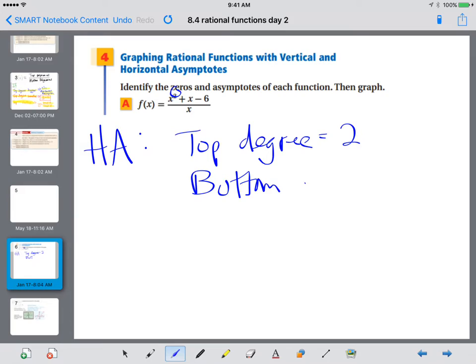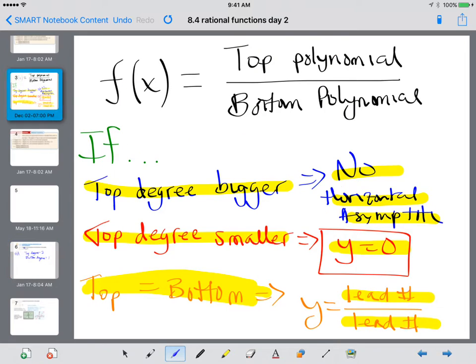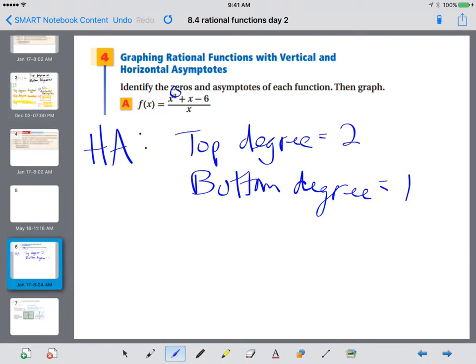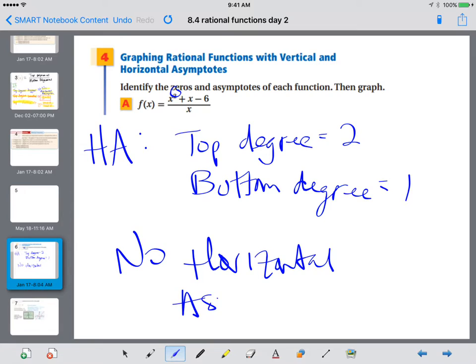The bottom degree is 1. So if we look at our options, the top degree is bigger. Therefore, for this first problem, there is no horizontal asymptote.